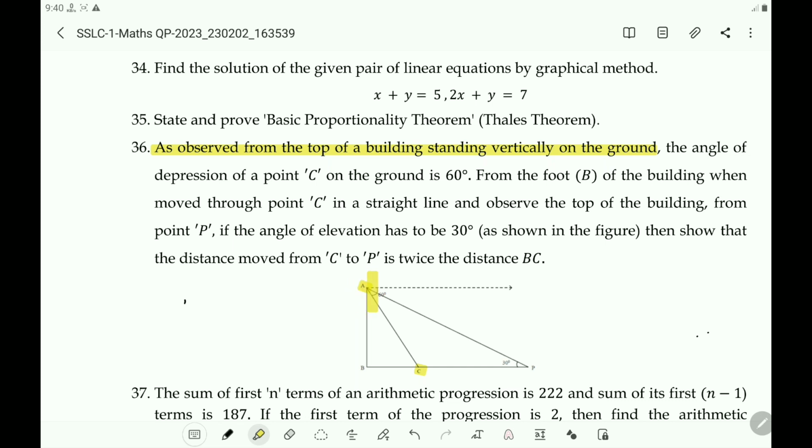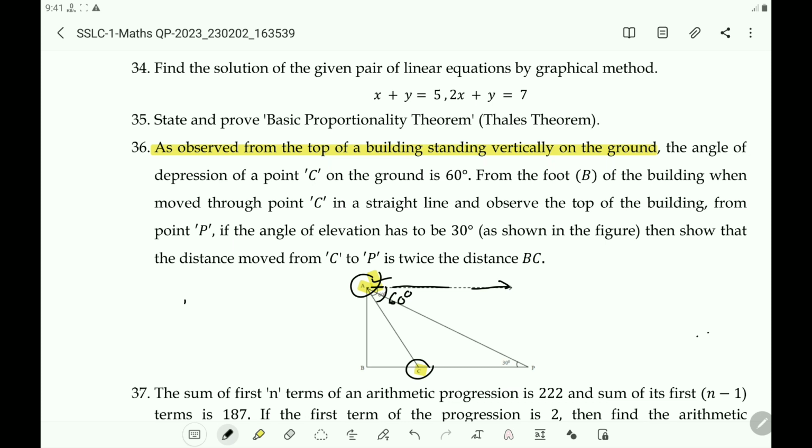From the point A, the point C is observed. Then the angle of depression, you know that it is a horizontal line of sight, and this is the angle of depression of the point C from the point A. This is equal to what? 60 degree.